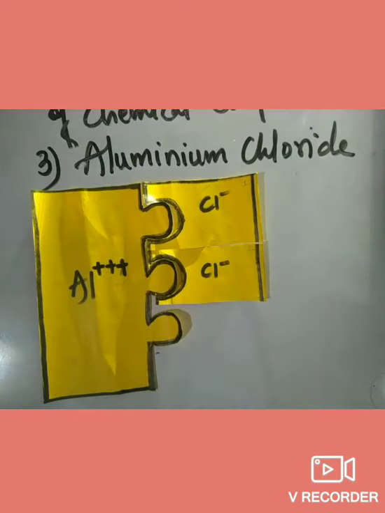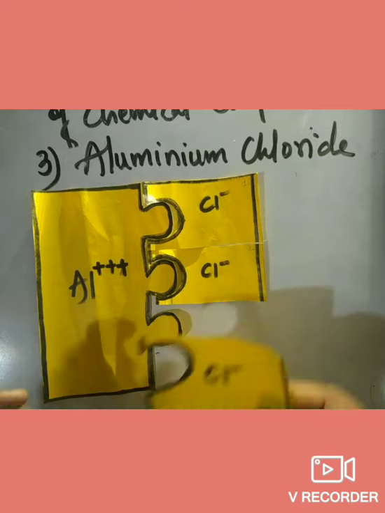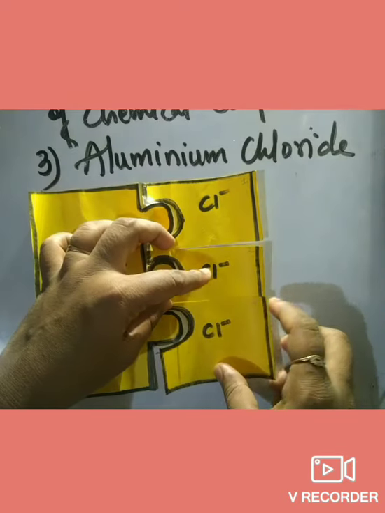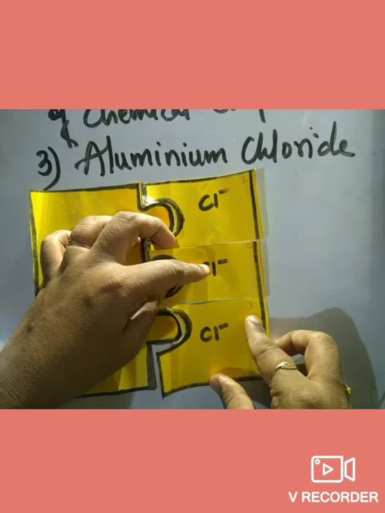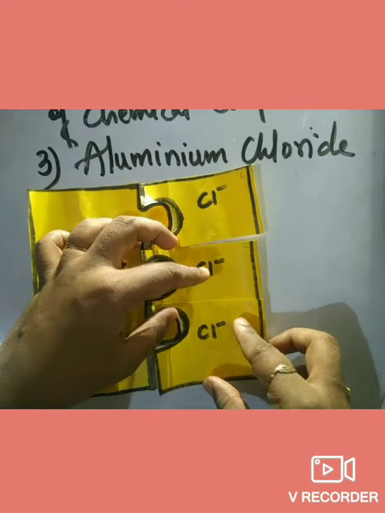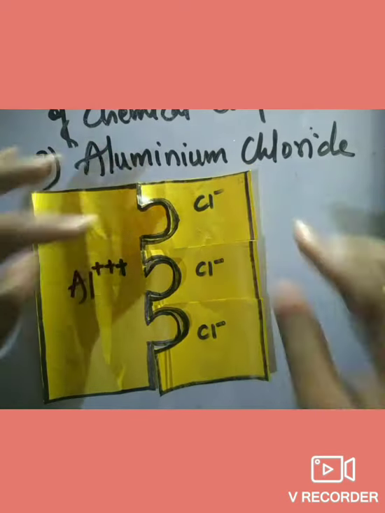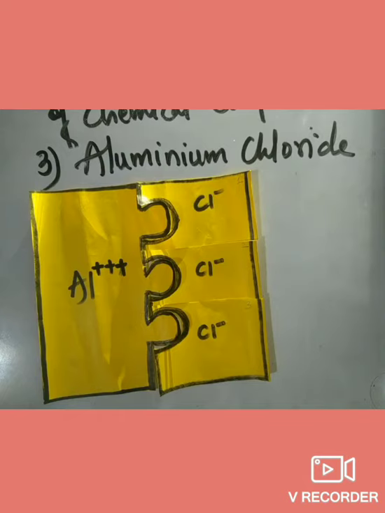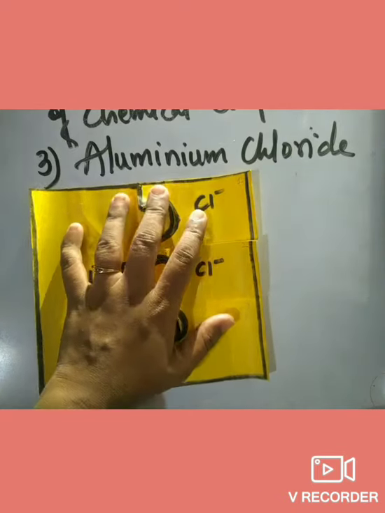This one extra part is remaining. So now what I will do, I will use one more chlorine. Okay, now you can see this aluminium chloride compound is complete.